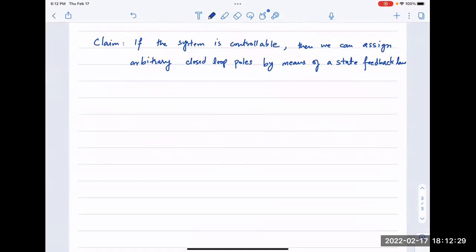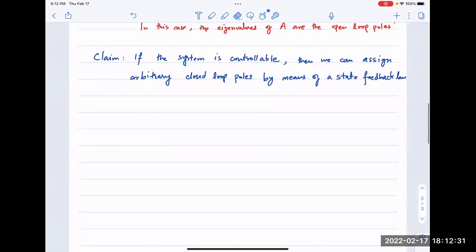That law means that u is equal to negative Kx, which in other words means there's a vector of gains, k1, k2, all the way to kn, and that gets multiplied with the vector of states, x1, x2, all the way to xn.